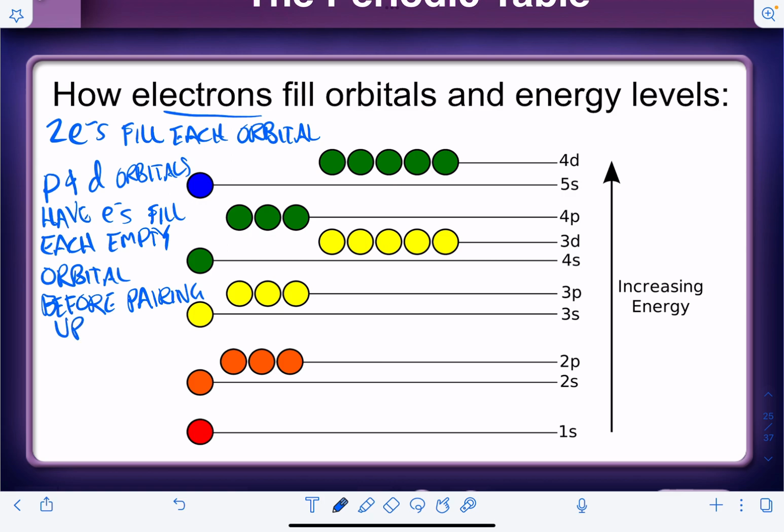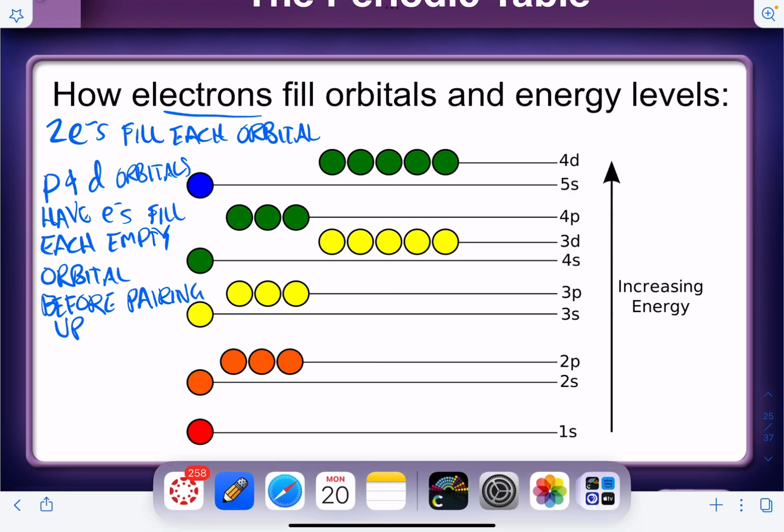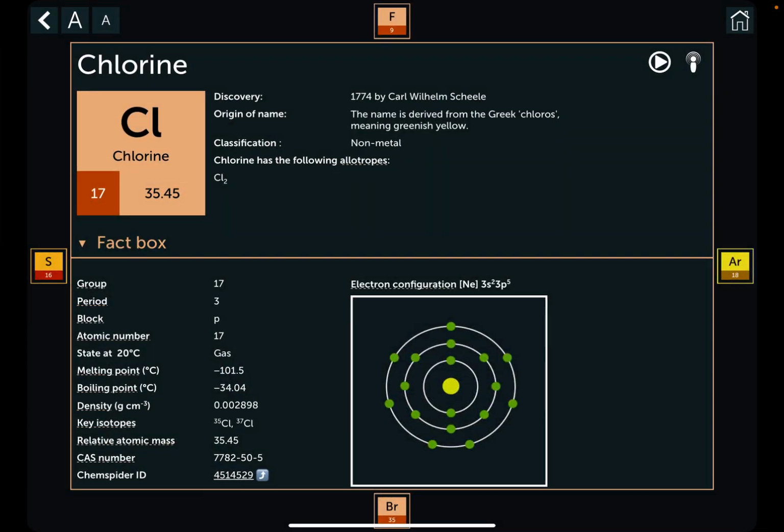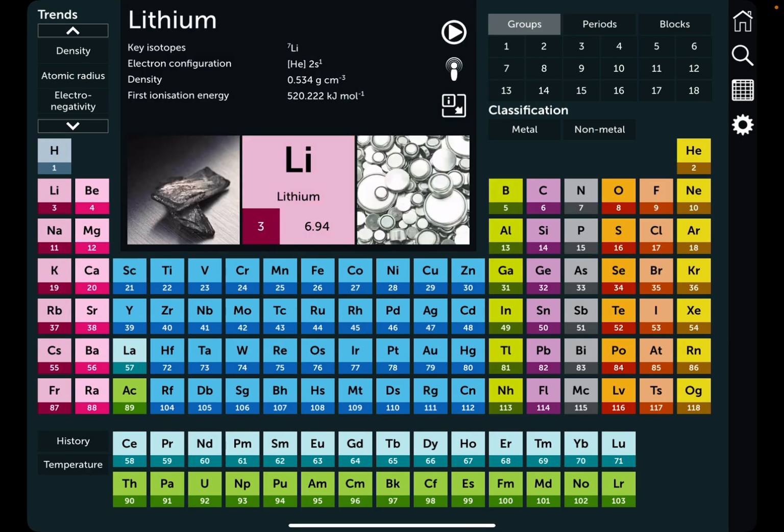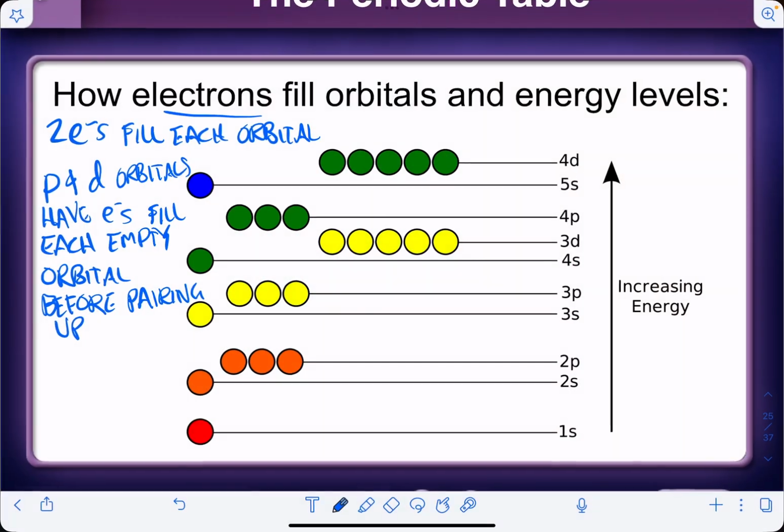All right, so the first one I want to do with you is lithium. And lithium has an atomic number of 3. Notice it's not 6.94. So I'm going to write lithium, and I'm going to put the atomic number at the bottom there. So that means I have 3 electrons, and I'm going to use an arrow to represent an electron.